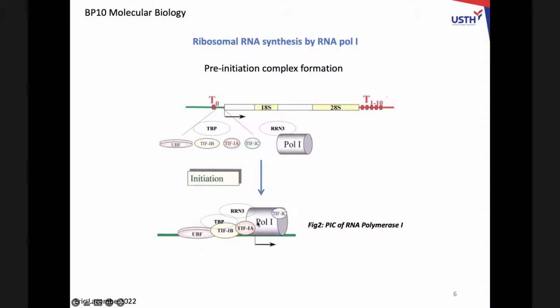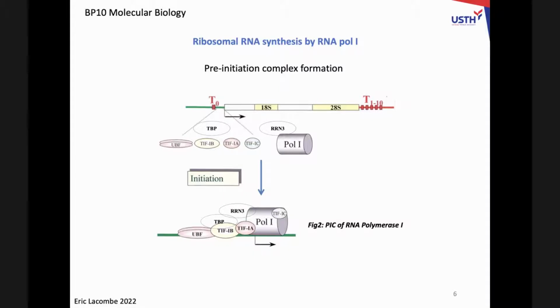Among all these proteins that are forming the pre-initiation complex, there is one that we will find again in other promoters. It's TBP, the TATA binding protein. I will show you the 3D structure just after.